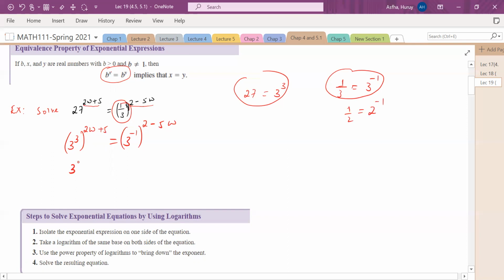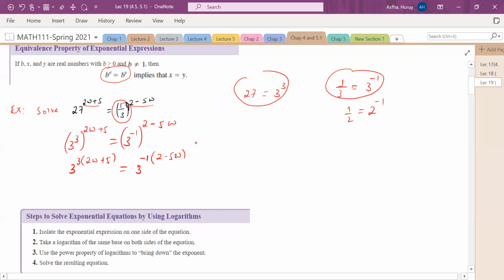All these are exponents, so I will multiply them, using parentheses so that the 3 multiplies both terms, equals 3 to the power of -1 times (2 minus 5w). Now, as you can see, we have the same base.